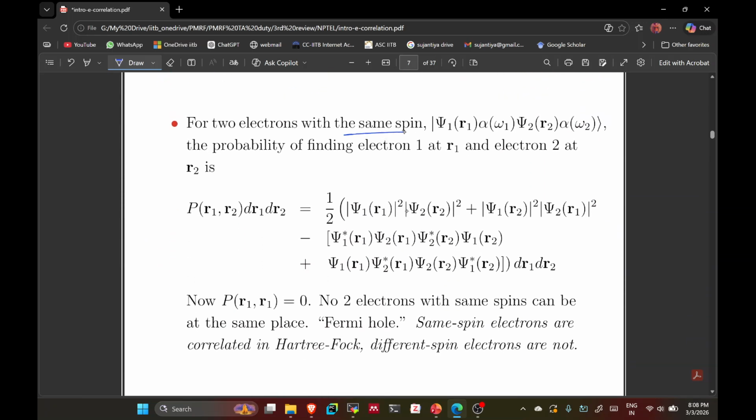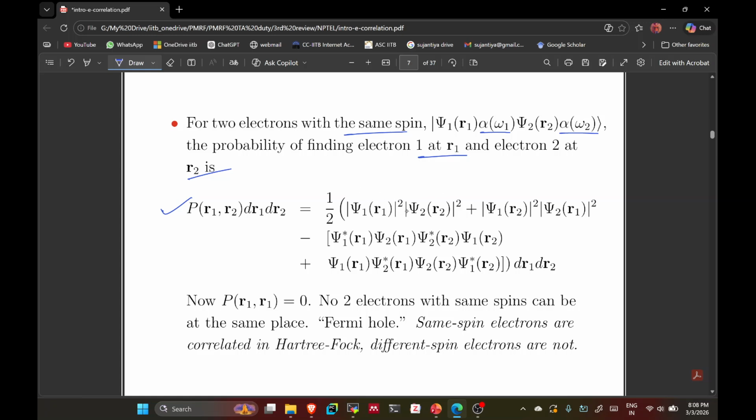Now what about the same spin? Yes, so here they have mentioned all the terms. So for two electrons with the same spin, alpha omega 1 and alpha omega 2, this is the probability of finding electron 1 at R1 and electron 2 at R2, right? Here you have four terms.